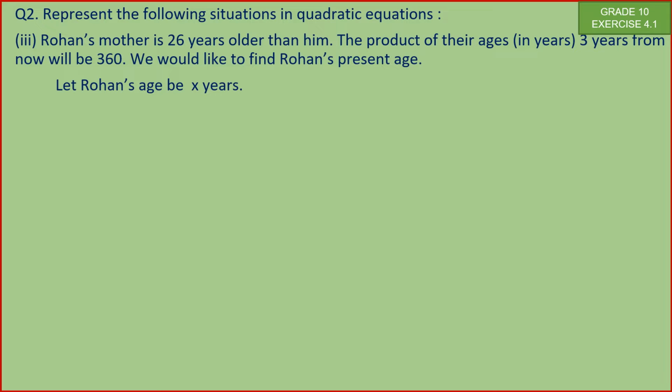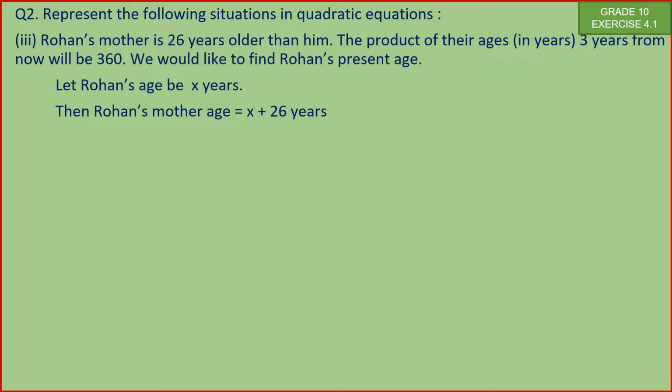If we consider Rohan's age as X years, then mother's age will be X plus 26, and if we consider Rohan's mother's age as X years, then Rohan's age will be X minus 26. So here I am taking Rohan's age as X years. So Rohan's mother's age will be X plus 26 years.